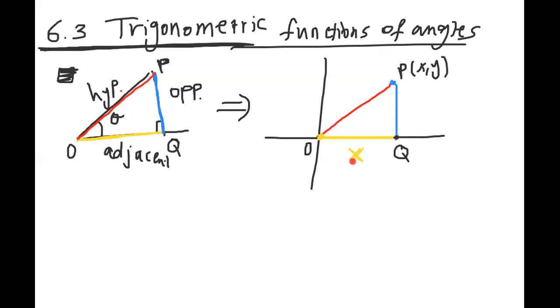And the opposite is the length from this point to this point. This is the y value. Why is it y? Because actually it has a value here. And the red one, by using the Pythagorean theorem, is called R, or the hypotenuse, such that R is equal to the square root of x squared plus y squared.